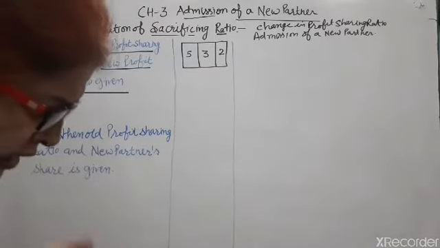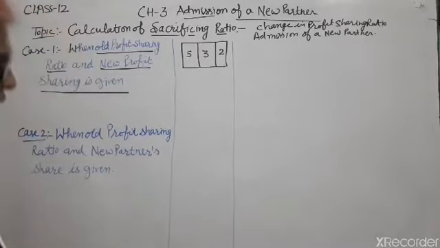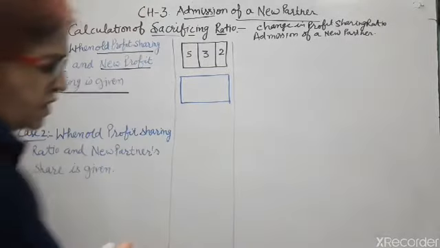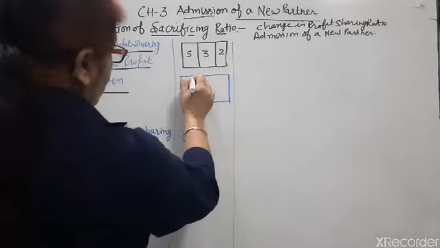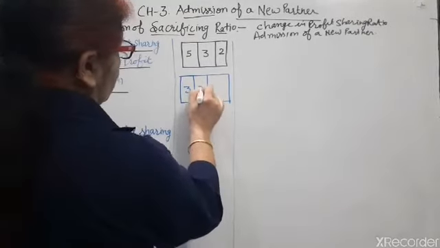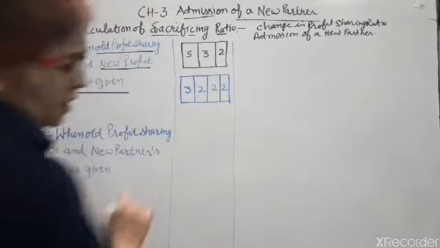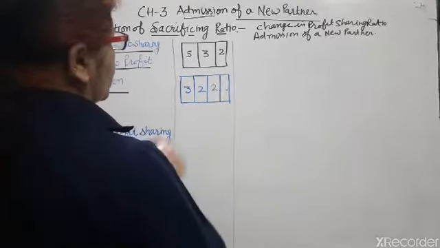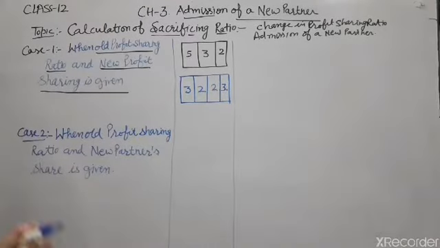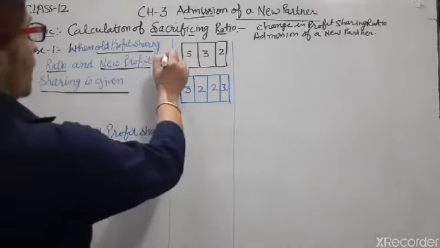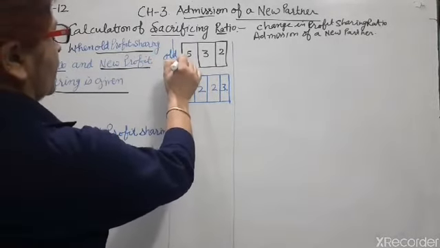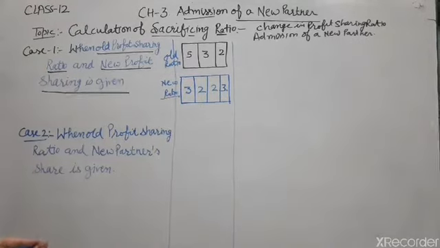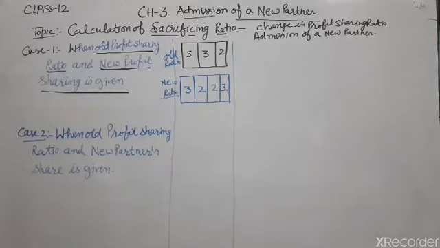And after that D is admitted, and now after D's admission the new ratio is given, 3:2:2:3. Clear? So it is the old ratio of old partners and the new ratio of all partners that is given. Then how can we solve the situation?